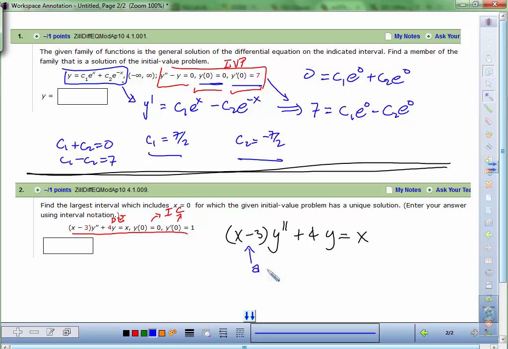What's a sub n? In this case, this is a second order differential equation, n is equal to 2. So a sub 2 of x is equal to x minus 3. So that means I have a sub 1, a sub 0 functions.